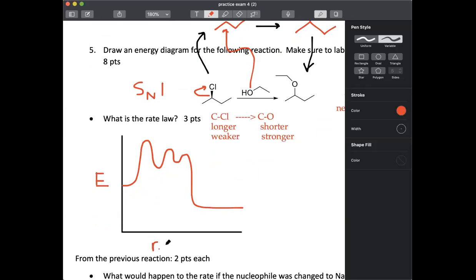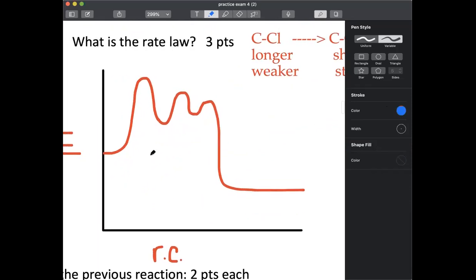Yeah. Cool. All right, so everything else we have. So let me just do this. This is your negative delta G, right?